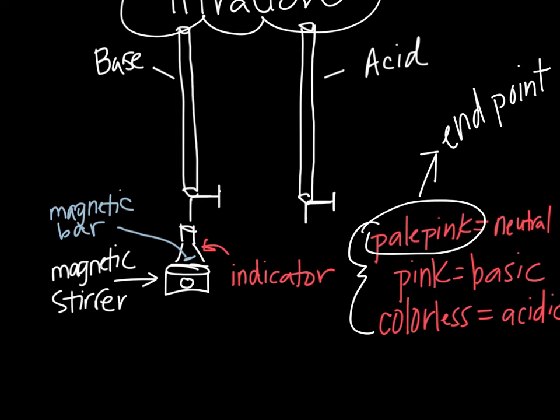So we are going to be titrating a strong acid and a strong base. At this end point, the pH is going to be 7. It's going to be neutral. That is telling us that we need to stop the reaction when we get to that point.